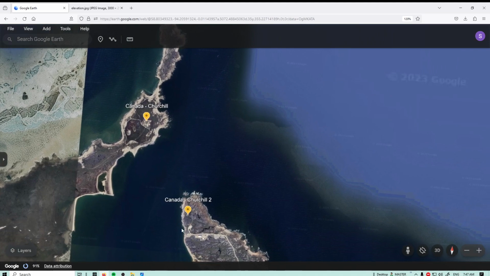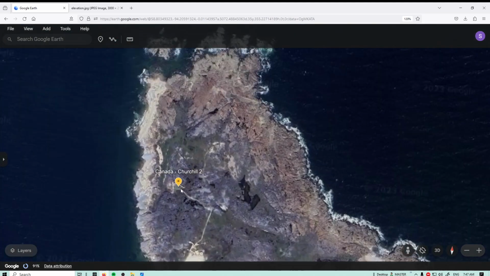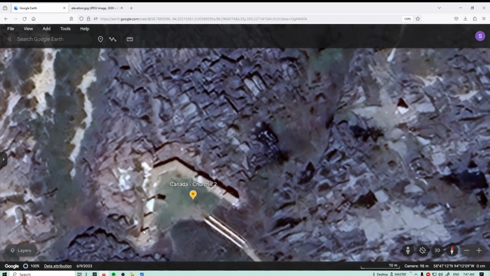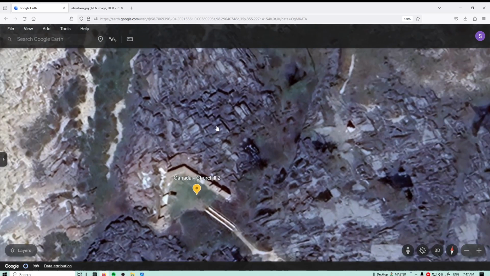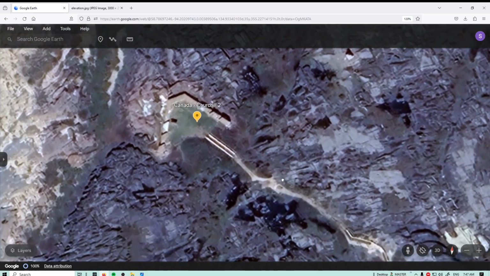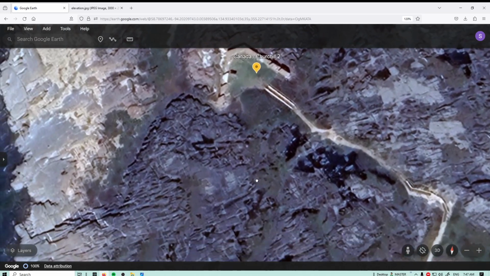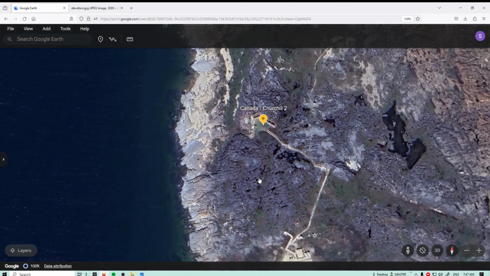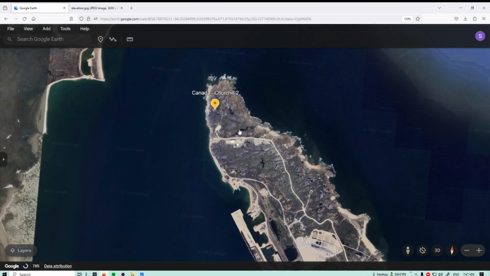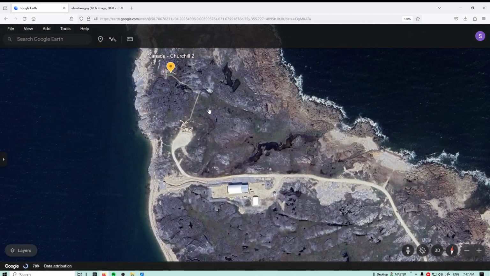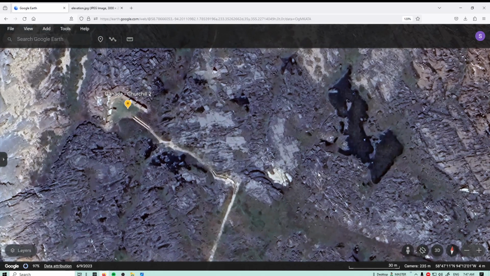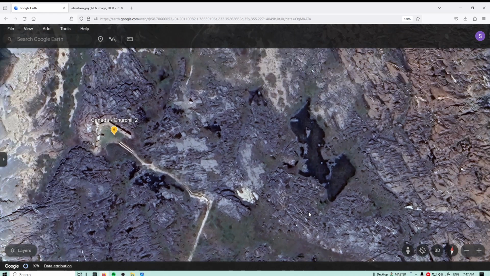And on the other side you've got remnants of something. The openings. Look at this. What happened here? Looks like it got zapped. Wow. Okay.